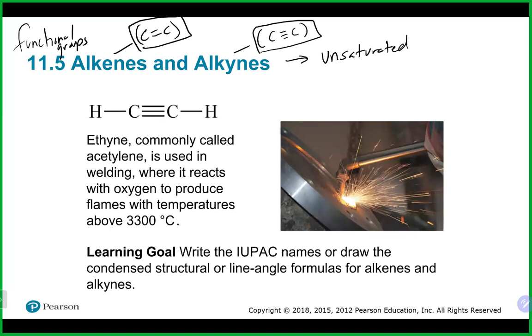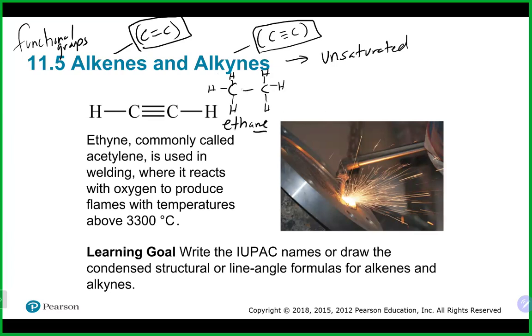which means they do not have the maximum number of hydrogens they could have, because with a double bond or a triple bond, as we talked about earlier, you have to lose a hydrogen on each of the carbons. So for example, if we take our friend here that we just drew with all single bonds, that is ethane, right? ANE.